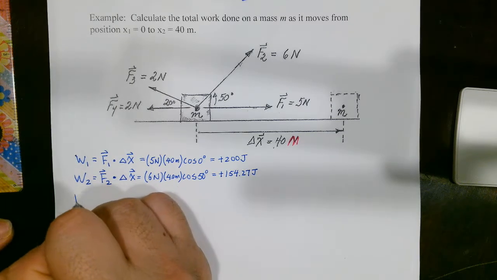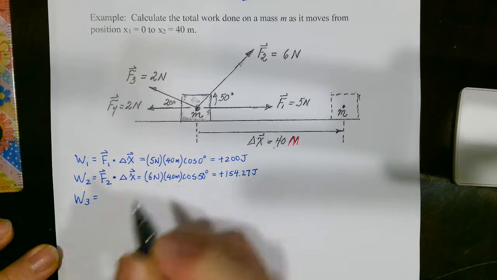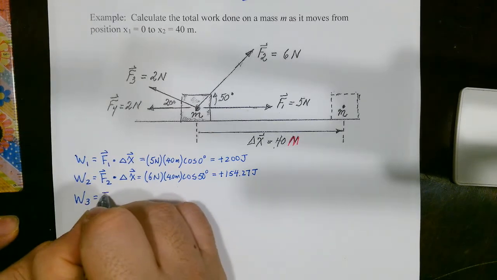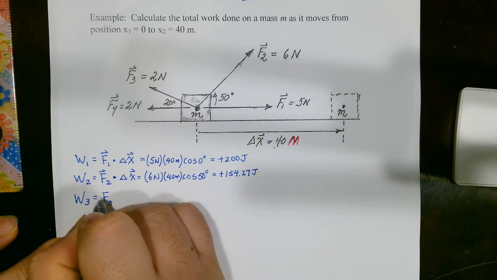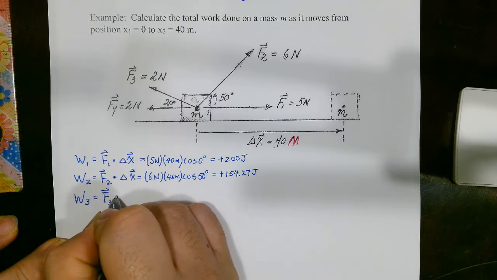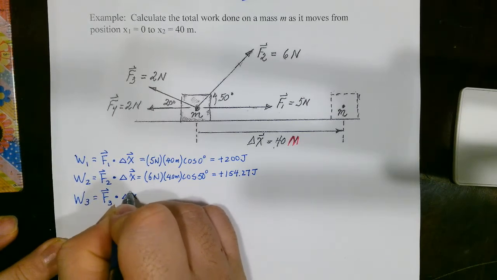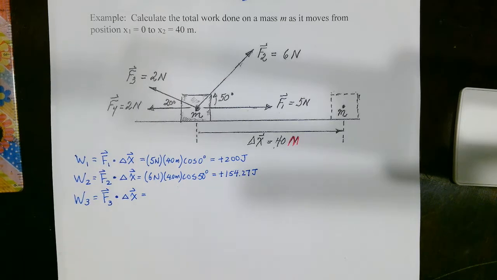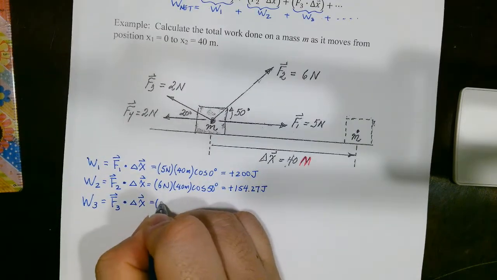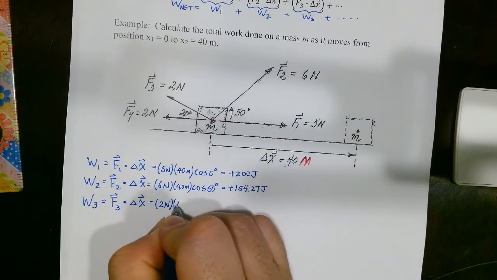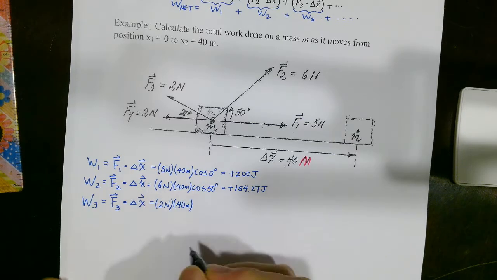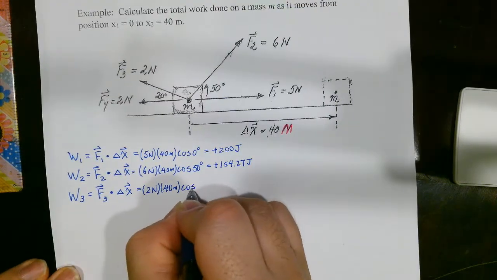Work 3. Similarly, you get F3 dot delta x, and that is equal to 2 newtons times 40 meters times cosine of.